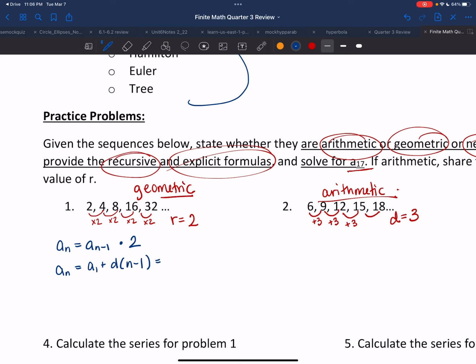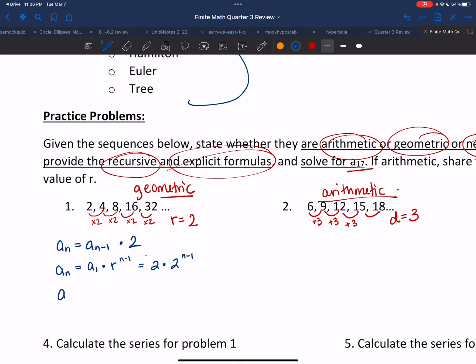I apologize, that is not our geometric. It's a1 times r to the n minus 1. So that's going to be equal to 2 times 2 to the n minus 1.